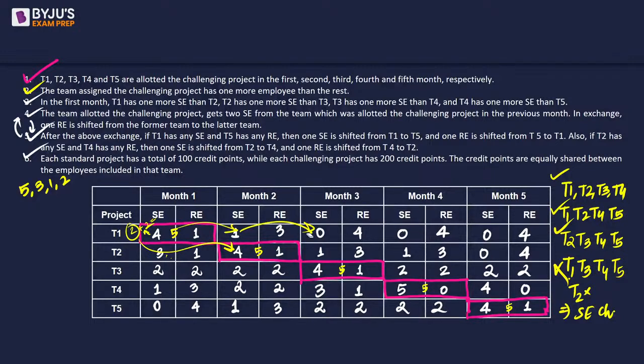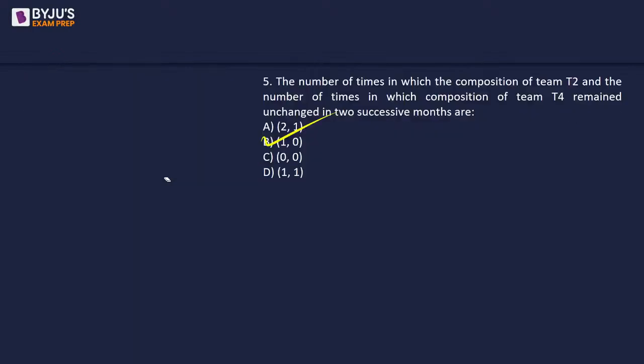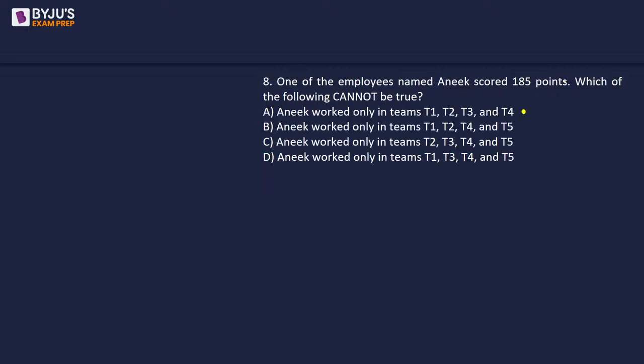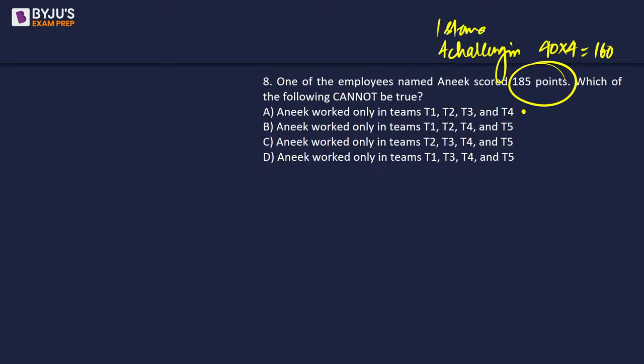So either he has to work in team 2 in the second month, or he's not going to be able to earn 185 points. Because of such a high 185 points, it means that he does work in 4 challenging, that is 40 into 4, which is 160, and 1 standard, which is 25 into 1, which is 25.